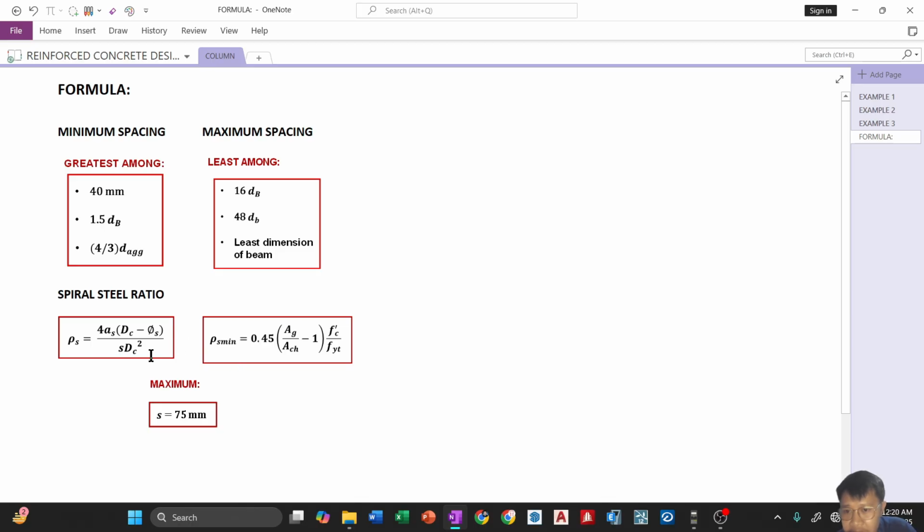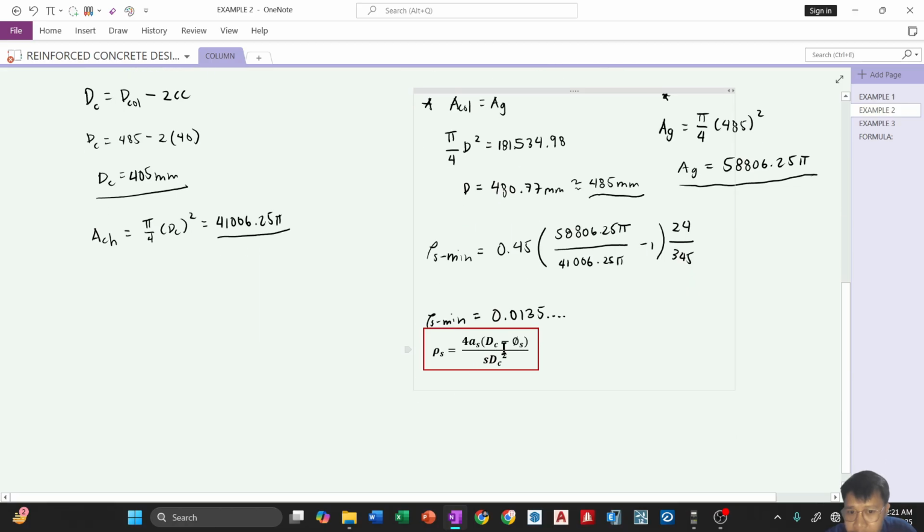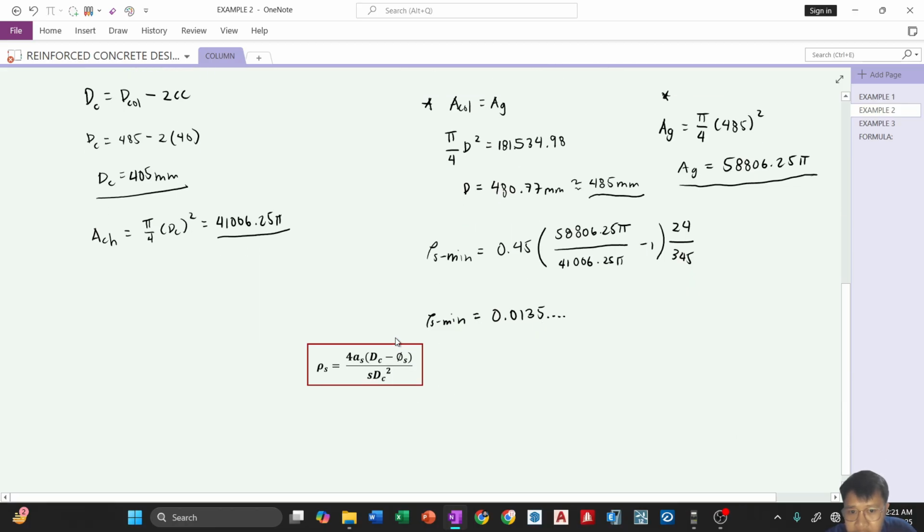So, equate lang natin everything dito. I-copy na lang natin ito, then we paste it dito sa ating, ayan, para meron tayong basis. Right? So we equate everything here. Okay? So diretso na natin, no?